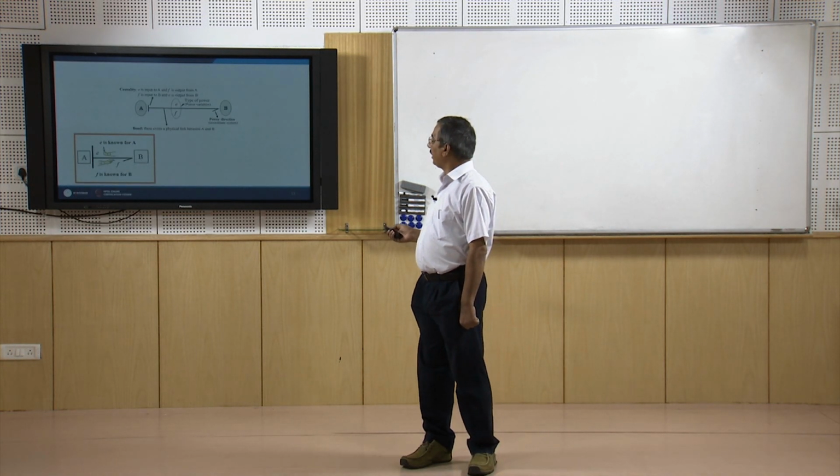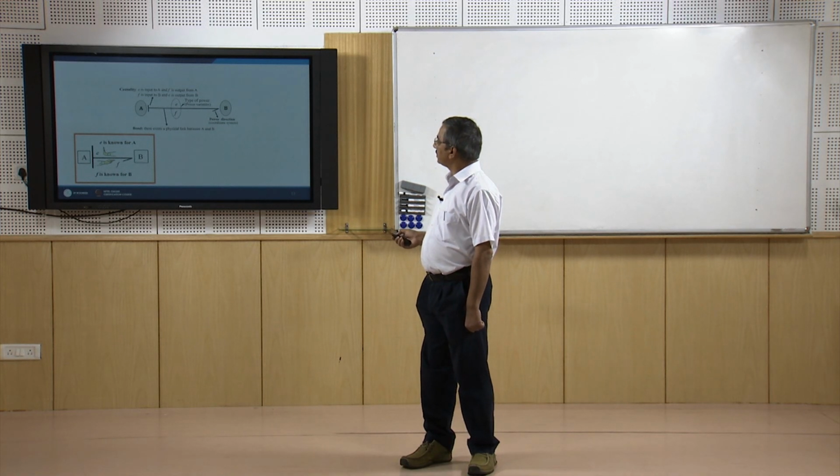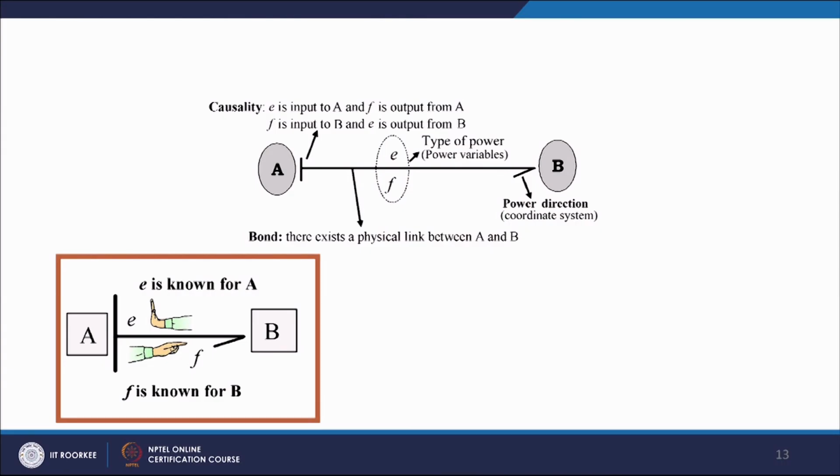So, here this is some element or junction A, and here some element or junction B, and this is our power direction. As I said, the power direction means fixing a coordinate system in bond graph modeling.